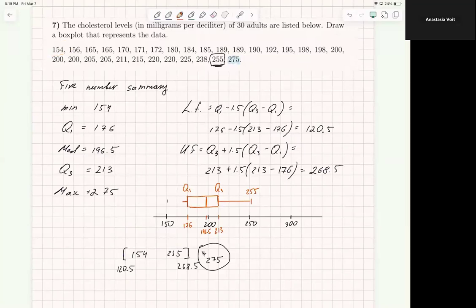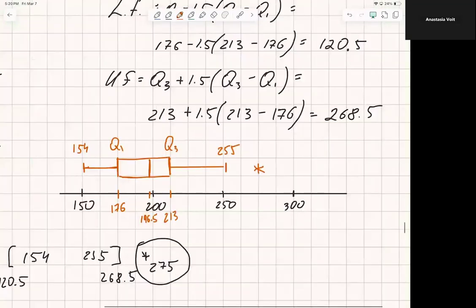So that's going to be somewhere here. And the only thing left to do is to mark our outlier. It's 275, so it's somewhere here. We mark it as a star, and this is how our box plot should look.